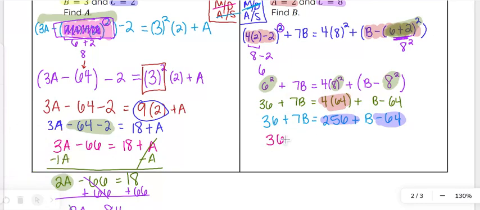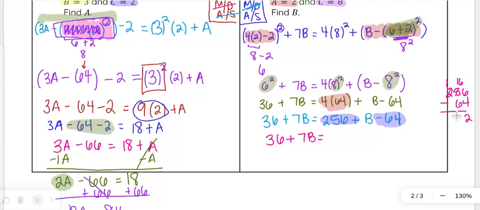So if we have 36 plus 7b equals 256 minus 64, you can either use your long subtraction and do it this way. 6 minus 4 gives us 2, and then either 25 minus 6, or you can borrow and carry and everything.